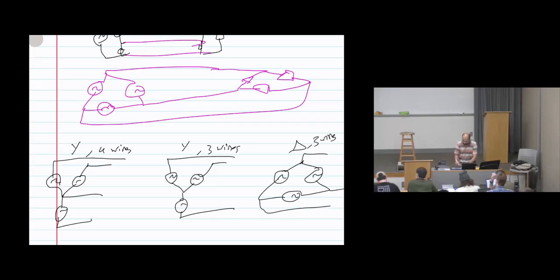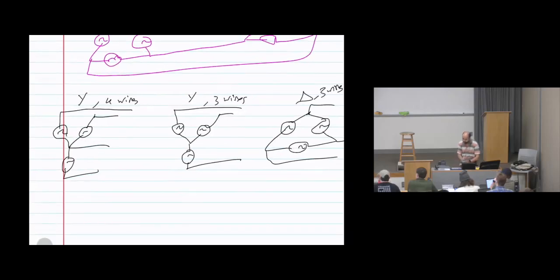What's the difference? Between Y with 3 wires and Y with 4 wires, the neutral exists in both. But here, with Y with 3 wires, I would say the neutral exists, but with no wire.